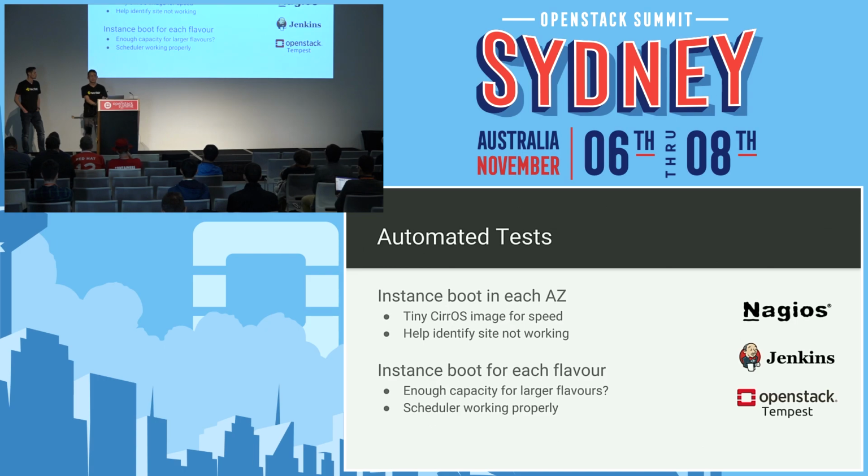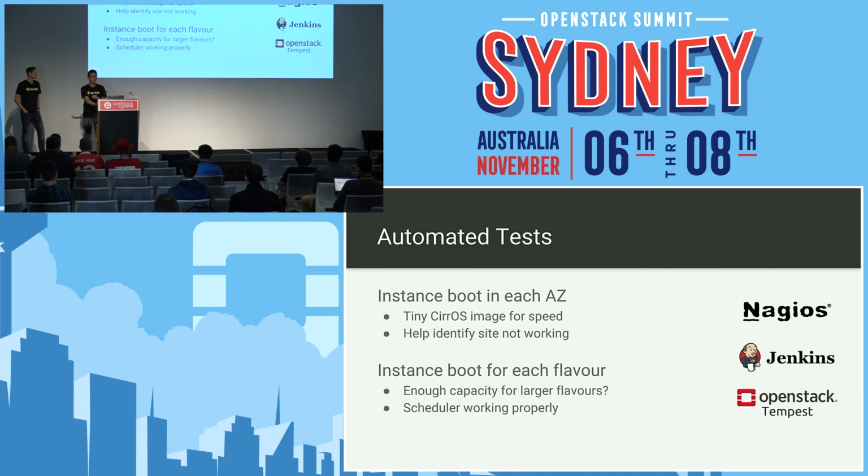The cloud might be able to launch like four small instances, but it doesn't mean that it can launch one bigger instance that has the same amount of resources, because of the packing problem, right? So we really need to figure out whether a larger instance can launch. And so we do launch different flavor sizes all the time.